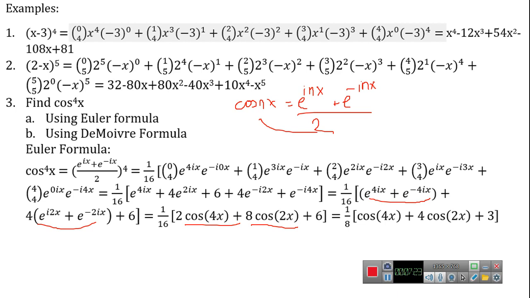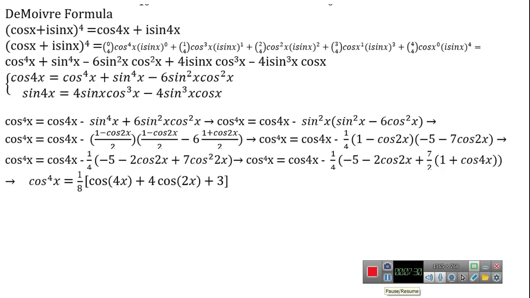So here I have e^(4ix) plus e^(-4ix), so it will be 2 cosine 4x, and here it will be 2 cosine 2x plus 6. So this is writing cosine power 4x, which is 1/8 times cosine 4x plus cosine 2x plus 3.